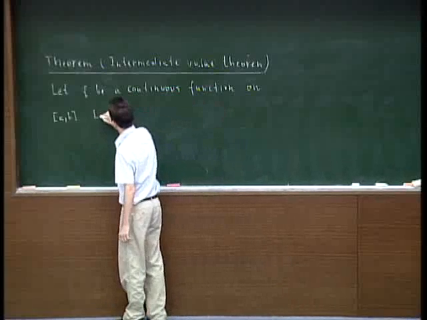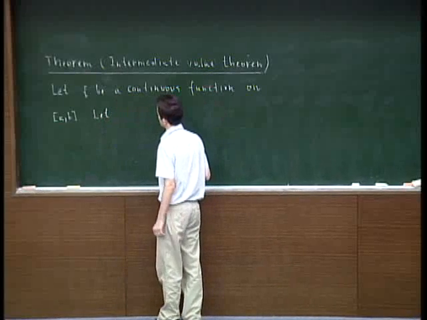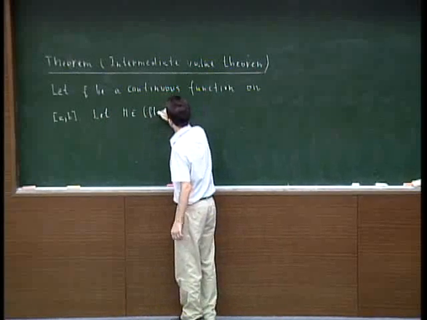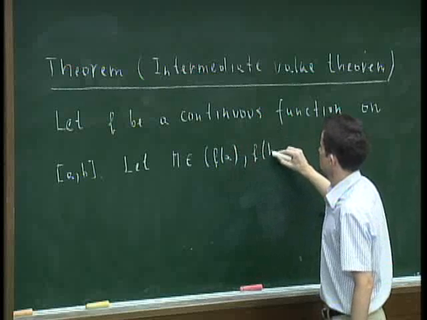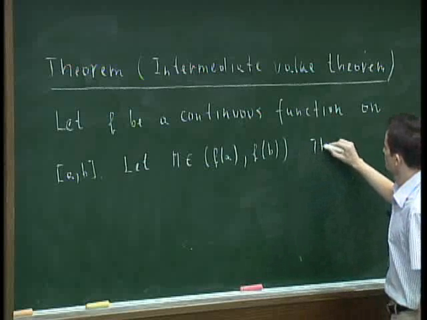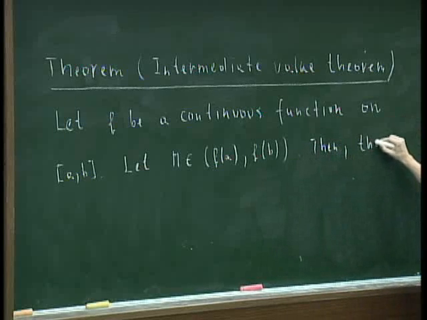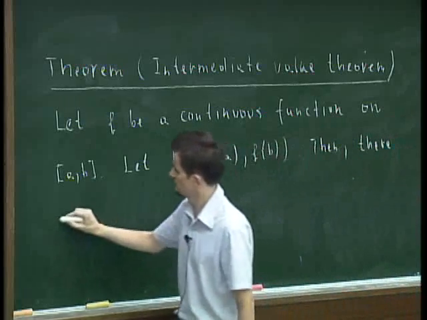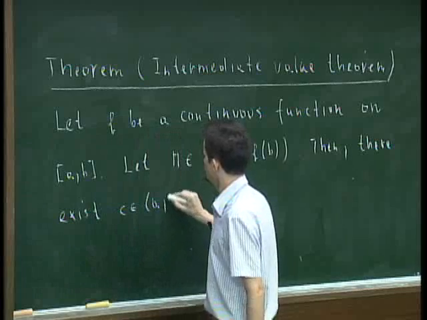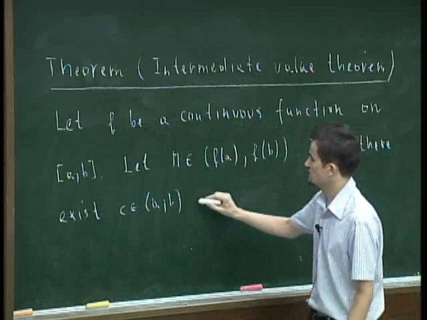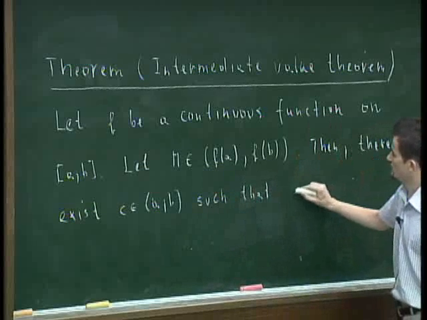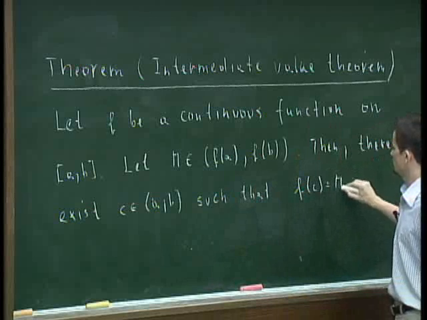Then let's say m is a value between f(a) and f(b). Then there exists a c inside the open interval (a, b) such that f(c) is equal to m.